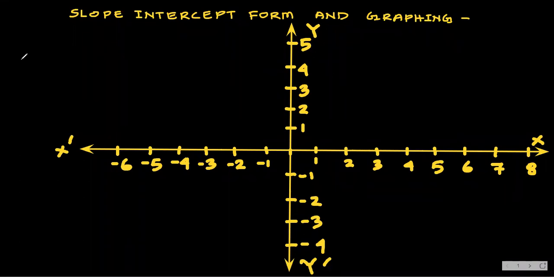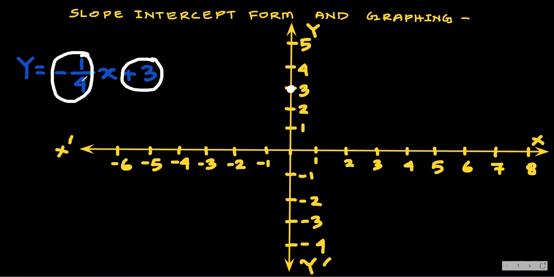Let's take another example as y = -1/4 x + 3. Now from this equation, we can see the y-intercept is +3. That means on the y-axis, +3 is this point. Next, this -1/4 can be written as -1/4, or it can also be written as 1 over -4.